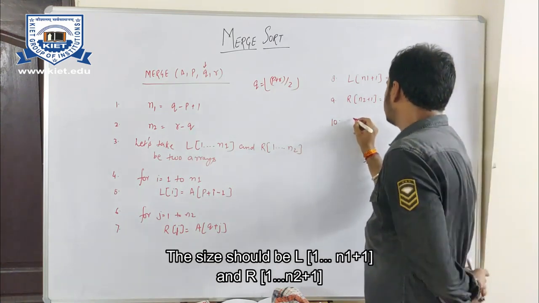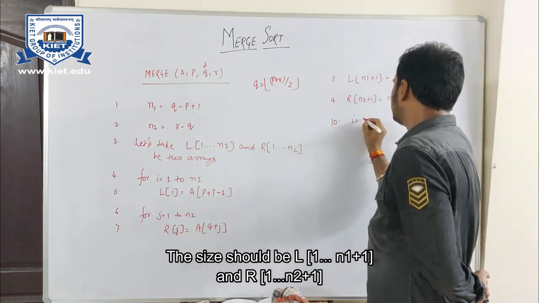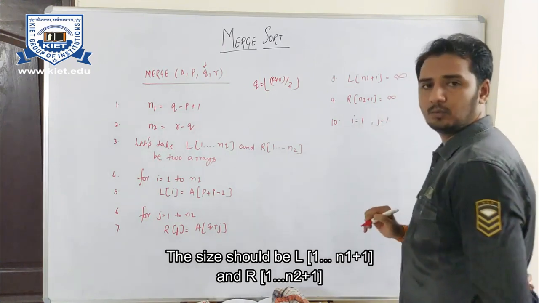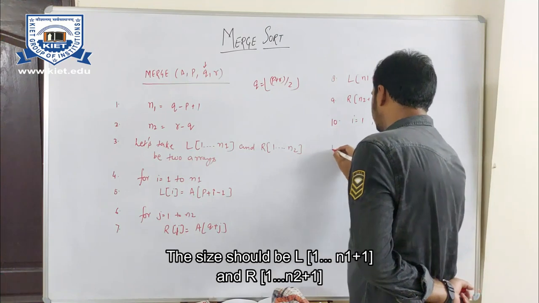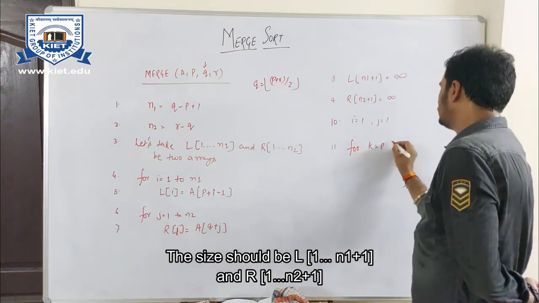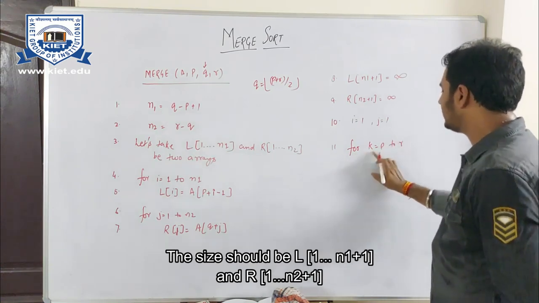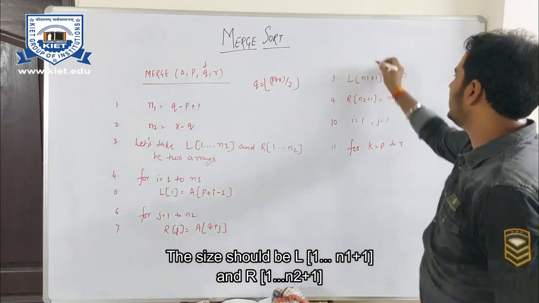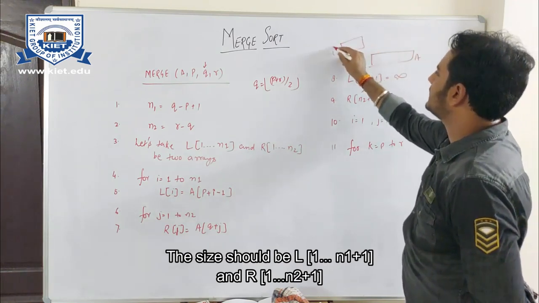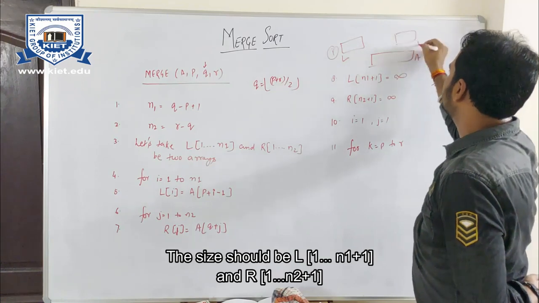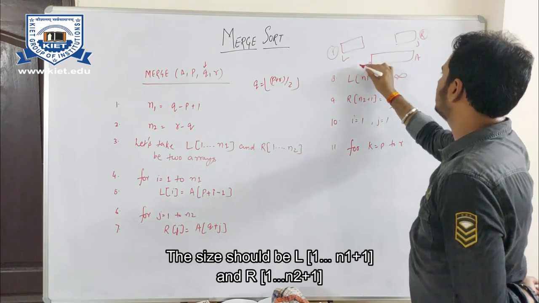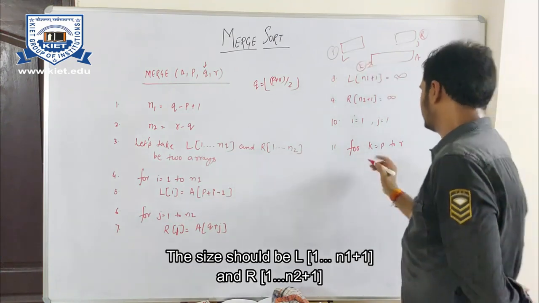Now we are going to copy into this array. So we will reinitialize i equal to 1 and j equal to 1. Then we will sort this array for k equal to p to r. k is another pointer which is going to handle this A array. i is for the left hand array and j is for the right hand side array, and k is the pointer to this A array.